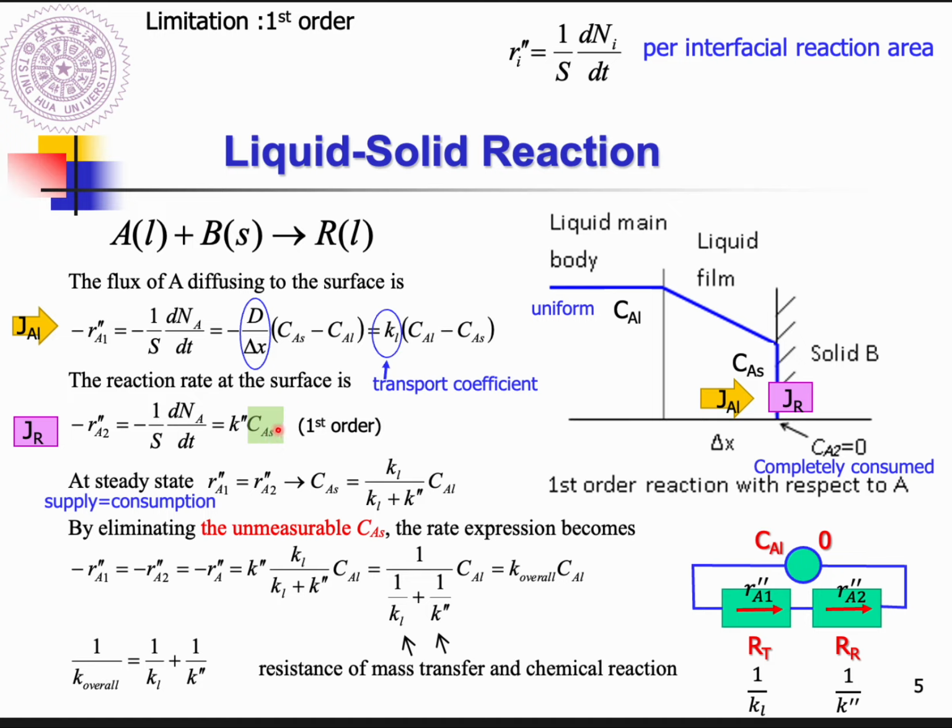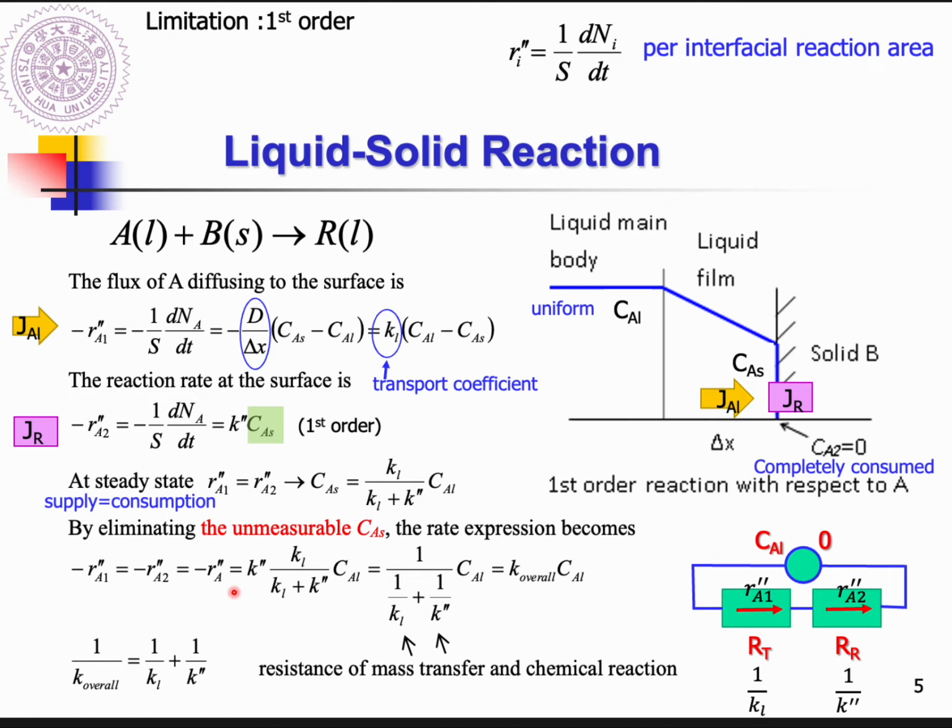In this case, you can get the relationship, CAS in terms of CAL. Now we can substitute CAS in terms of this term. Back to the rate equation we want, it is K double prime times this value. We divide by K double prime and KL together on the top and bottom, so you will get these results.